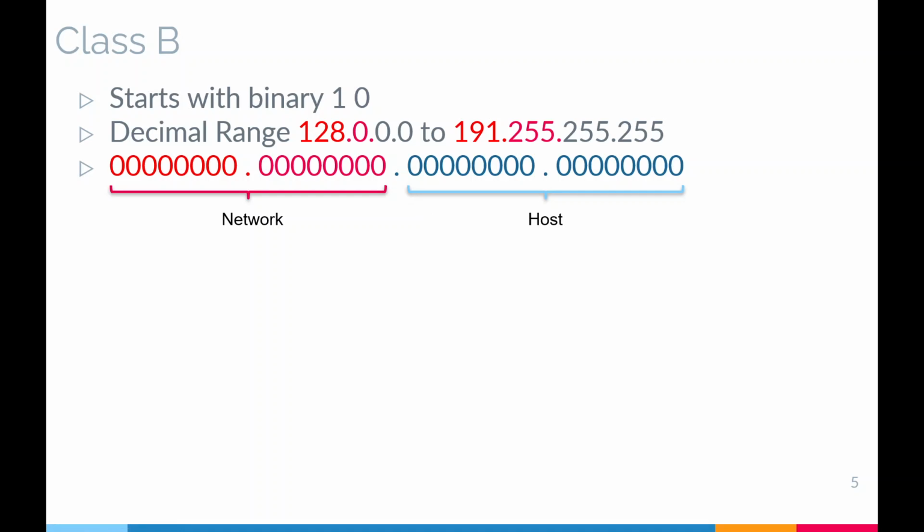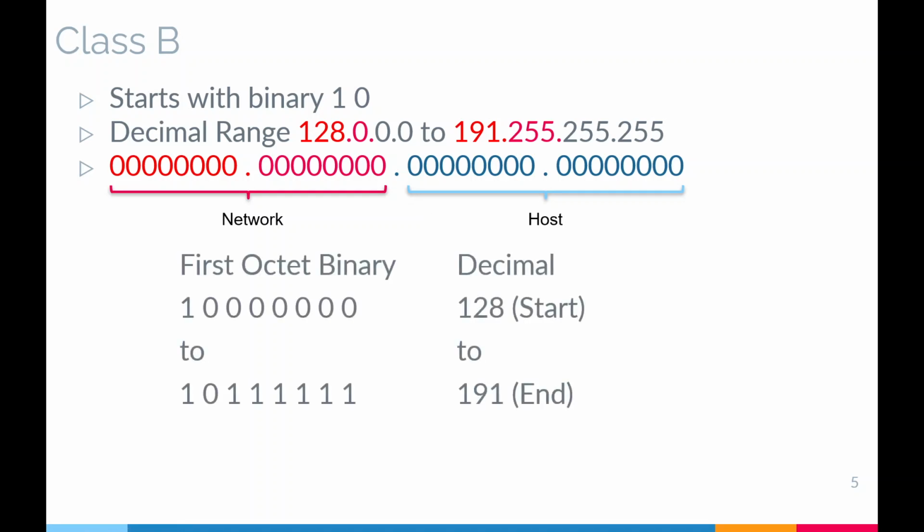Now let's quickly come to the binary and octet decimal conversion. The first octet binary is what we are considering, and that's the same for all other classes as well. As we said, 1 and 0 is fixed, and all possible combinations are allowed. So the starting would be zeros, right? We set all the remaining 6 bits to 0, so it turns out to be 128 in decimal, and that's the starting point.